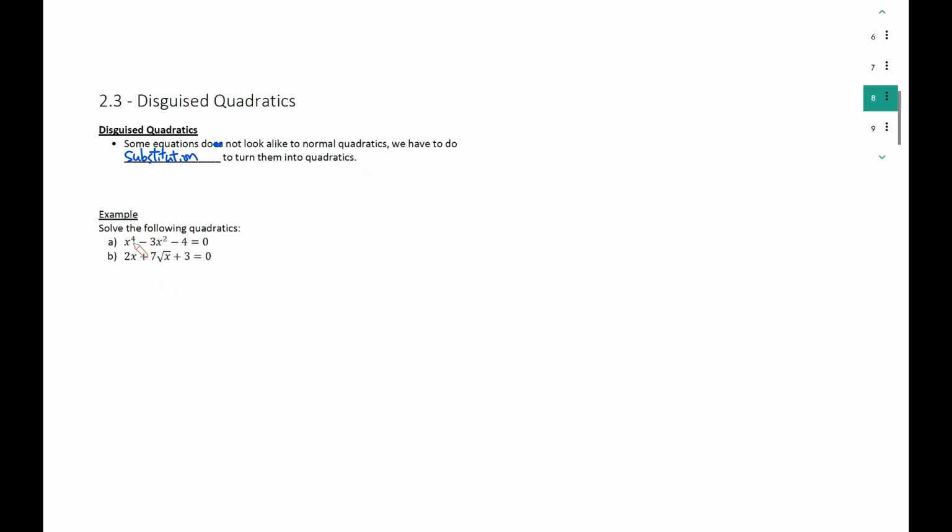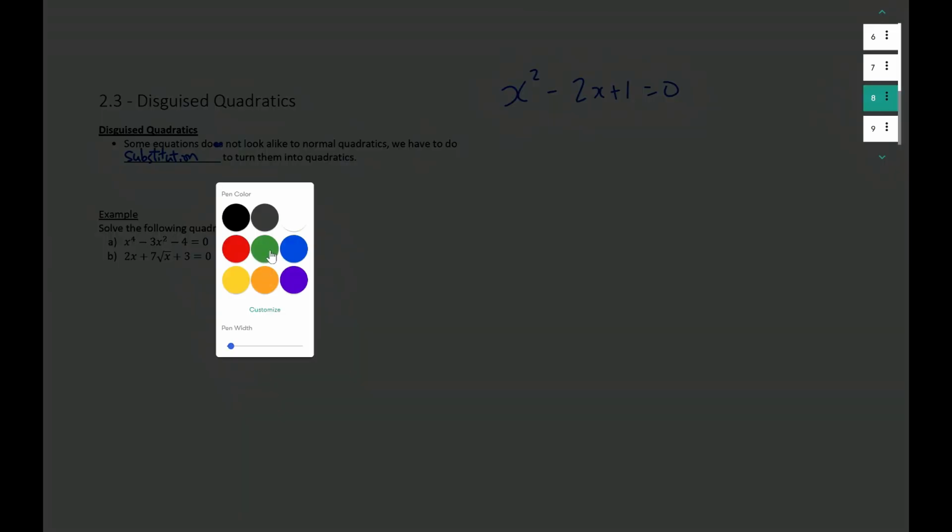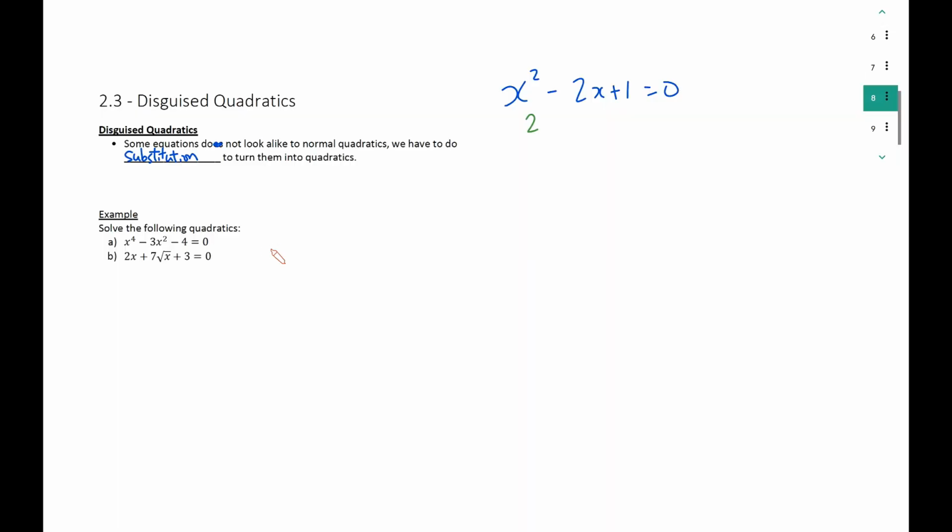Now, because you look at this power of 4 and this power of 2, they have the ratio of 2 to 1. Now, think about normal quadratics. Let's say this one equals 0. Pay attention to the powers. You've got a power of 2 in here and a power of 1, so the ratio is 2 to 1, and this one is a constant. That means any equation that has a power ratio of 2 to 1 and a constant could become a quadratic.